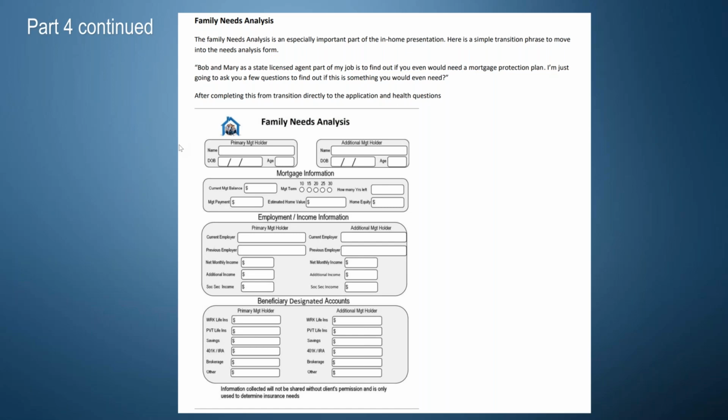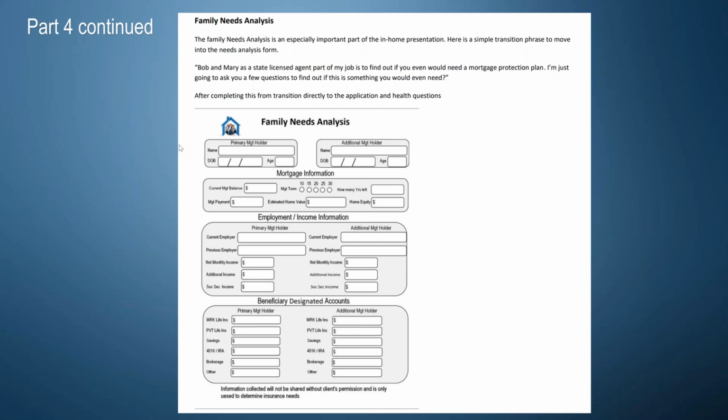And then you can go in, and it gives you that little bit of credibility of why you're getting nosy into their life insurance and their savings, because at the end of the day, we're trying to identify whether they need this program or not and how much they need.